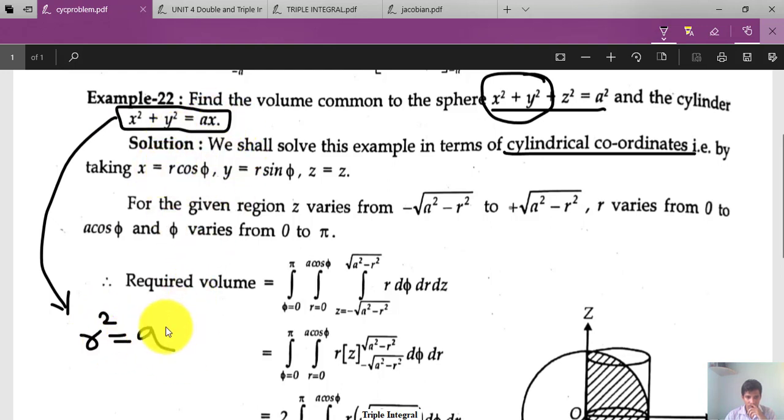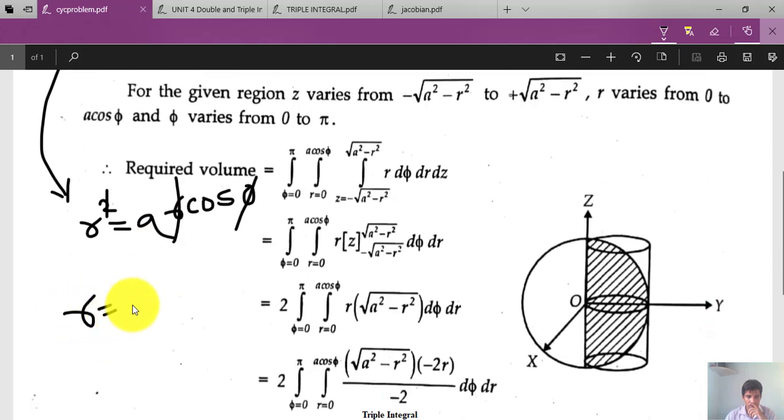The value of x is r cos phi here, can you see? So this r and this r get cancelled, so what is the value of r? R is at a distance a cos phi, and that is the reason I am writing r equal to 0 to a cos phi.